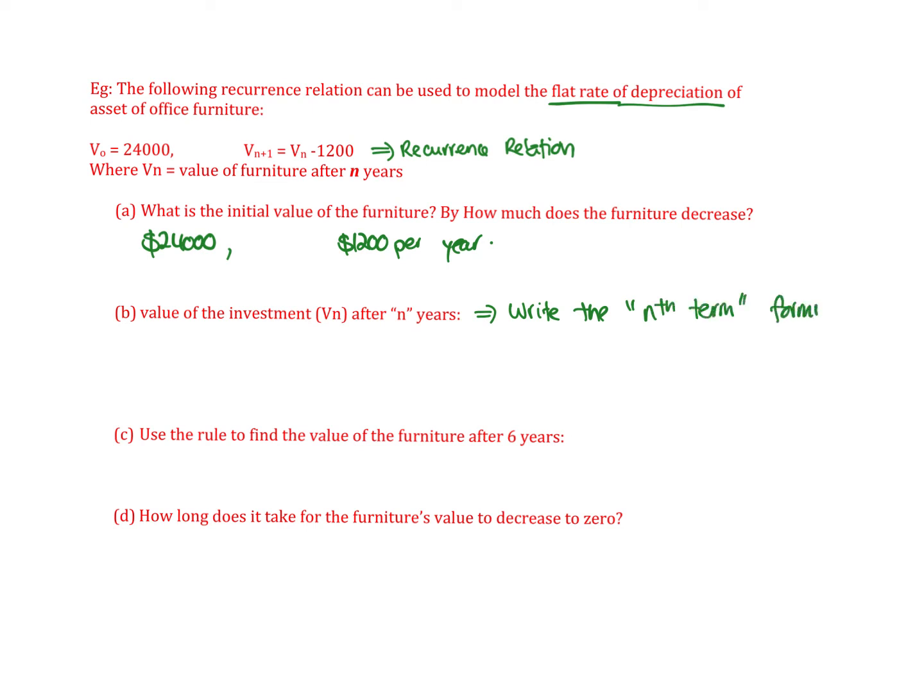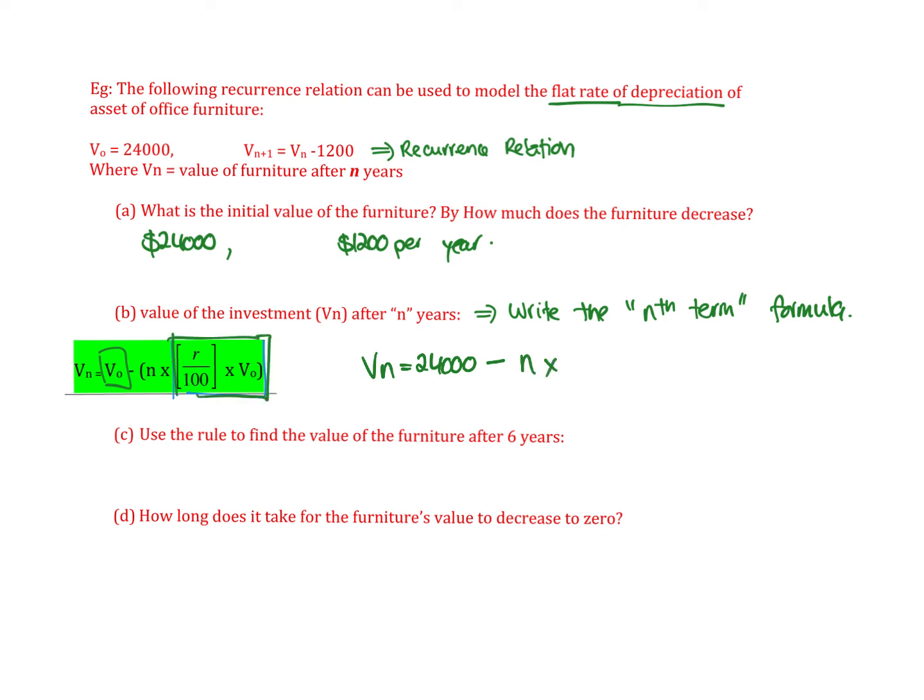Okay, so I'll just copy it from the other page. So Vn, now we have to change this bit. We don't write the V0, we write what it actually is, which is 24,000. And then we're going to minus n times D. I don't need to work that out, it's already there.